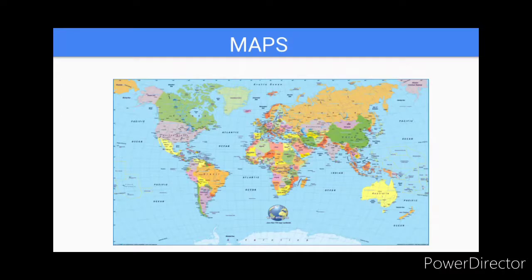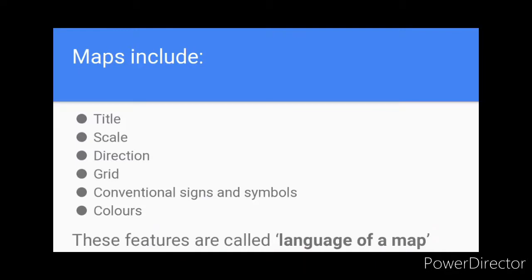Now what does a map include? Maps include a title, which gives you information about what that map is, whether it is a political map or a geographical map. Then the next ones are scale, direction, grid, conventional signs and symbols, and colors to show a variety of information.